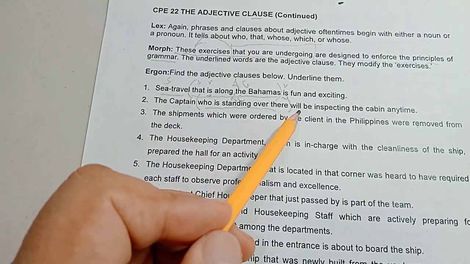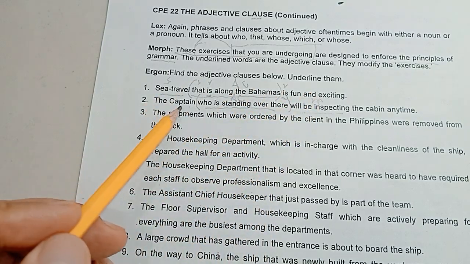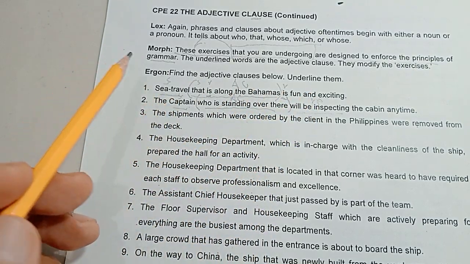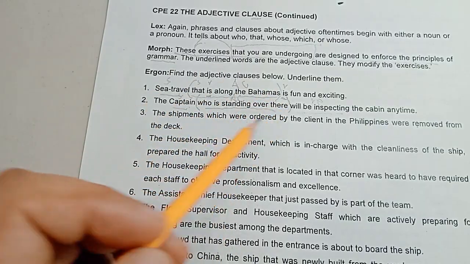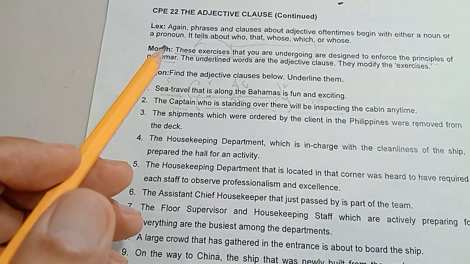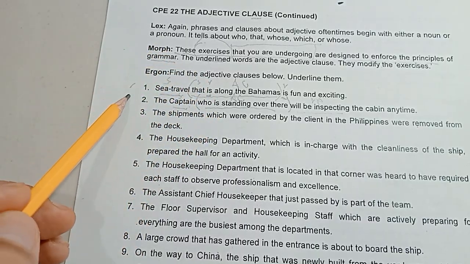So will be inspecting is the verb phrase here, and the subject is the captain, but you also have one inserted sentence within, that is called an adjective clause. Okay, we're done with 1 and 2.